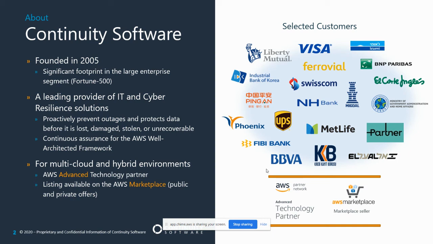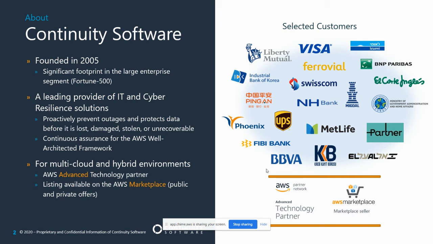We started initially with supporting our customers that are running critical workloads on-prem. Later on, they moved to private clouds, and of course, eventually to public cloud, starting with AWS. So as a company, we provide proactive prevention for outages and data loss protection, and also provide continuous adherence with the AWS Well-Architected Framework, as we'll show today.